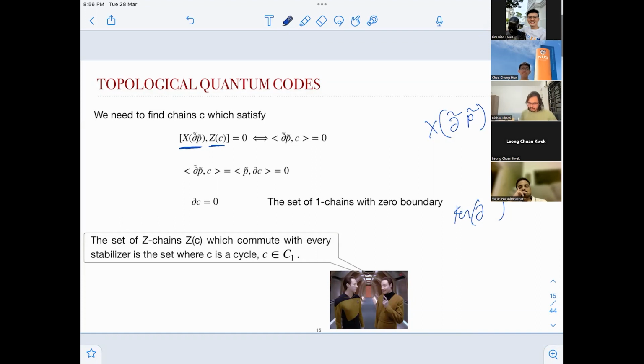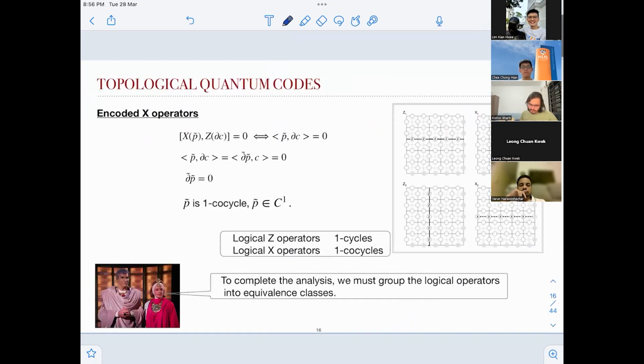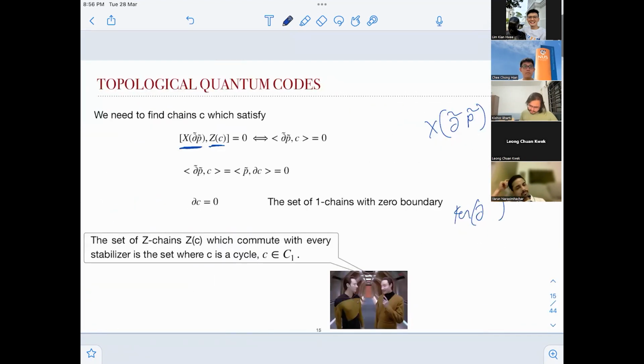It can be a trivial one or a non-trivial one, but the trivial ones are already boundaries. We are not interested in them. We are only interested in the non-trivial cycles.